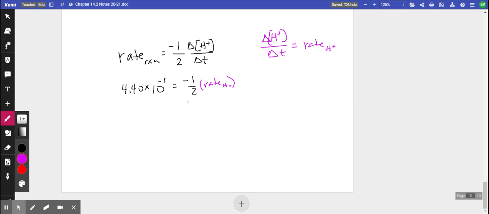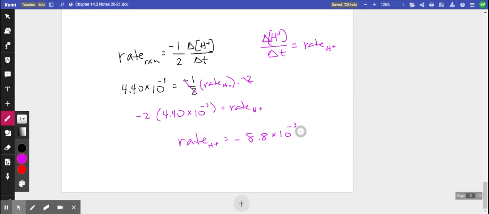So I would have -2 times 4.4 times 10 to the negative 3 equals, if I multiply by -2 here, these are going to cancel out, and I get the rate of H plus, which is negative 8.8 times 10 to the negative 3. So we get the same answer, and I should have put the units there. It's molarity per second. So same answer either way.